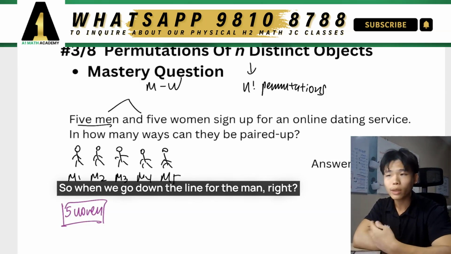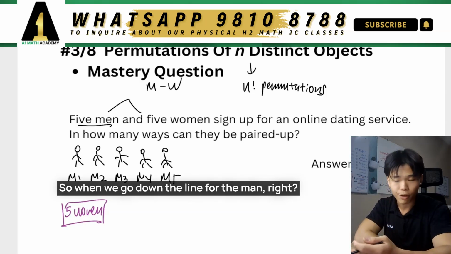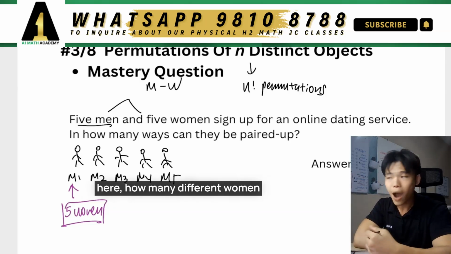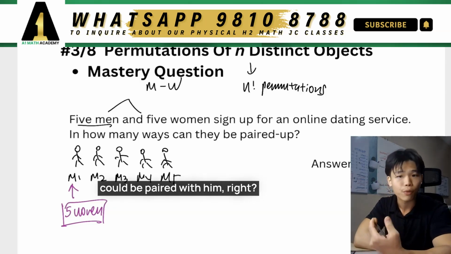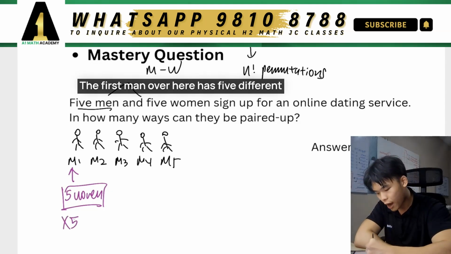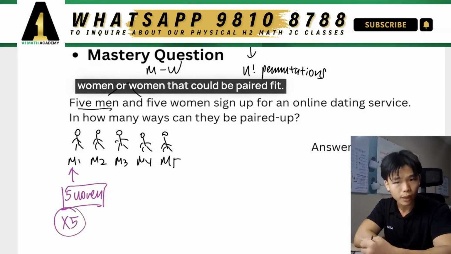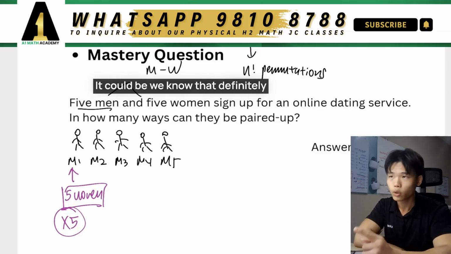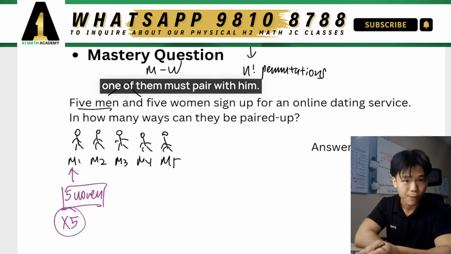So when we go down the line for the men, right? When it comes to the first man over here, how many different women could be paired with him? Right? The first man over here has 5 different women that could be paired with him. We know that definitely one of them must pair with him.